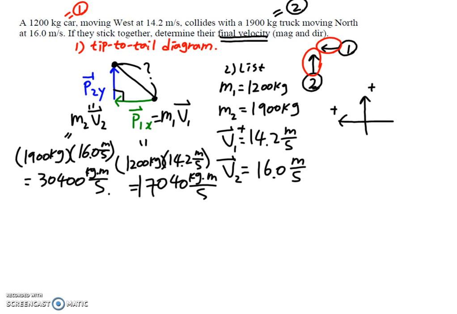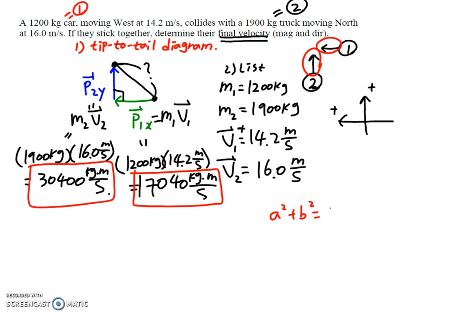Now, we do know both of the momentum. The one that involves x component is this. One that represents y component is this. Now we can apply this to our good old Pythagorean theorem, except we're isolating for c. There you go. Which is hypotenuse.